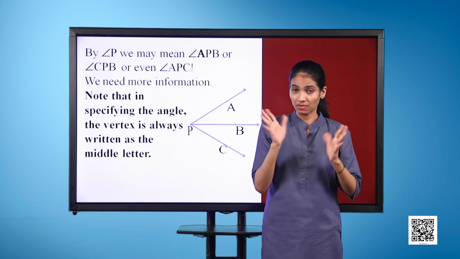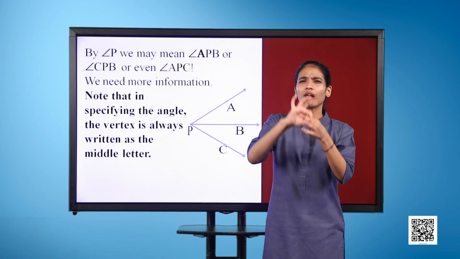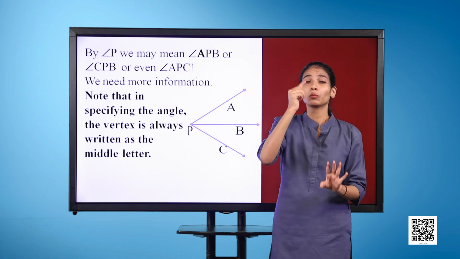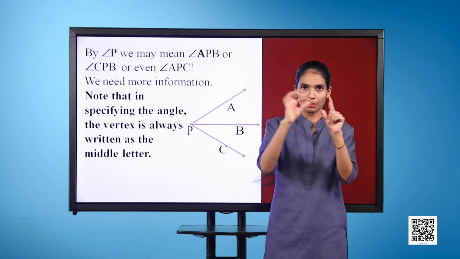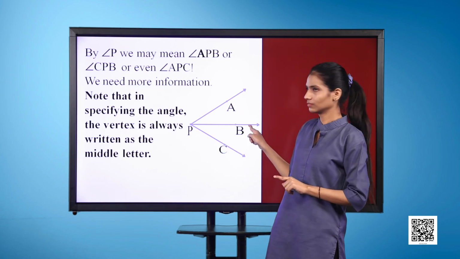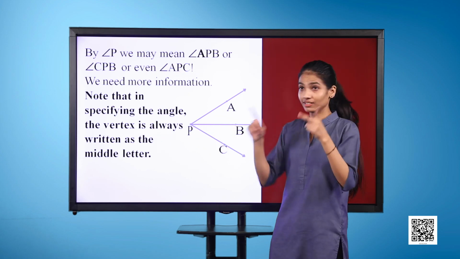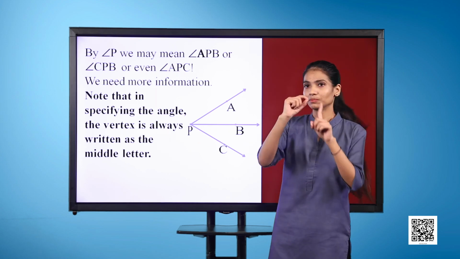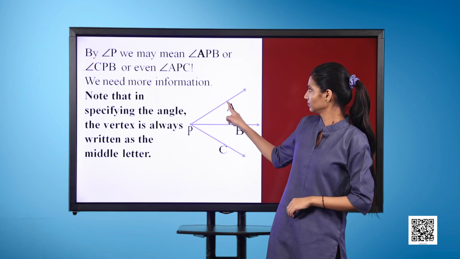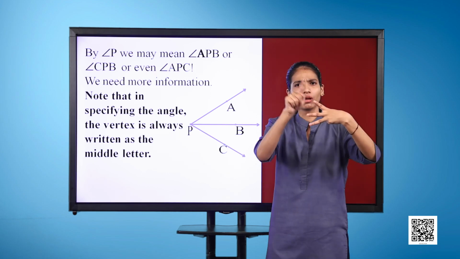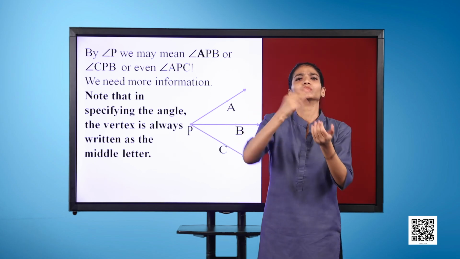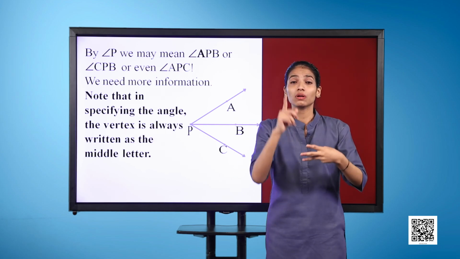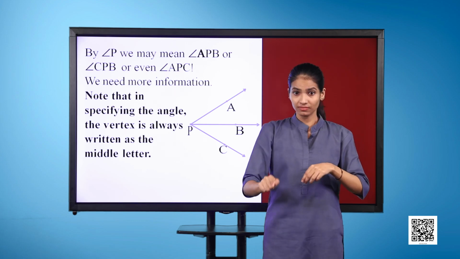By angle P, we may mean angle APB or angle CPB or even angle APC. We need more information. Note that in specifying the angle, the vertex is always written as the middle letter.